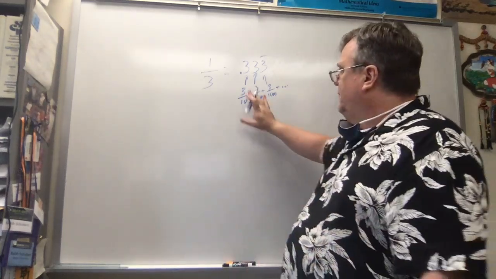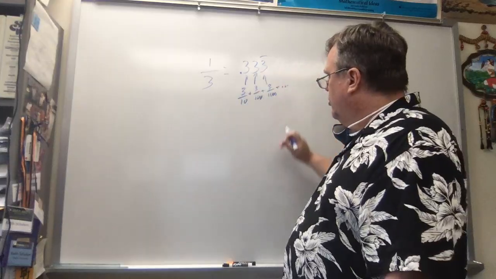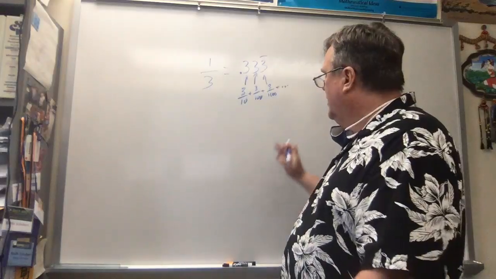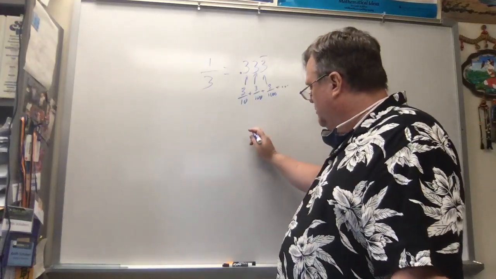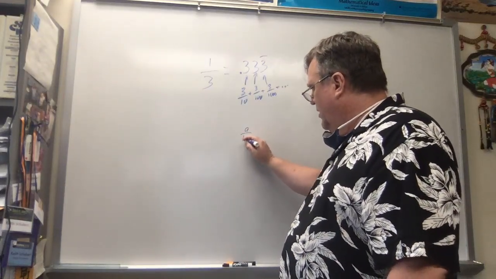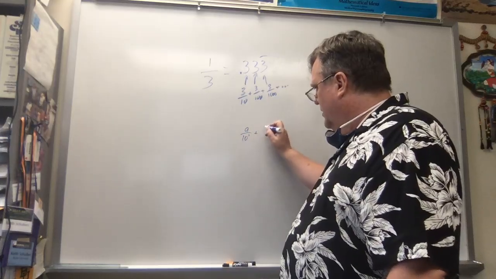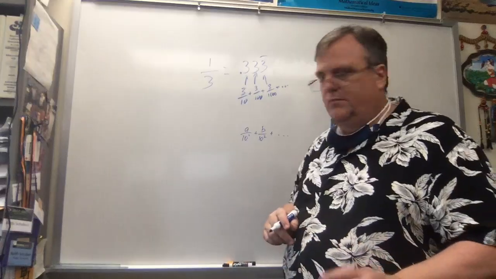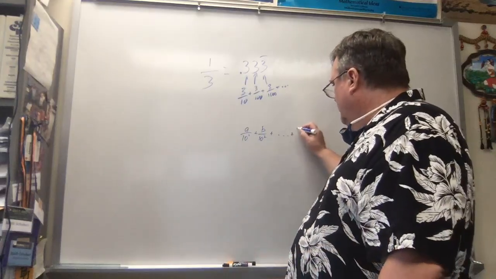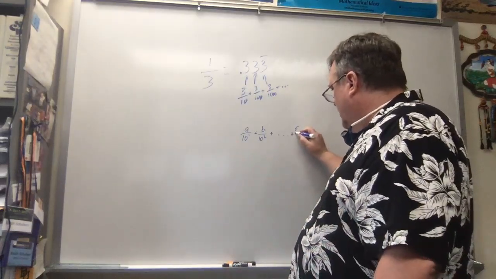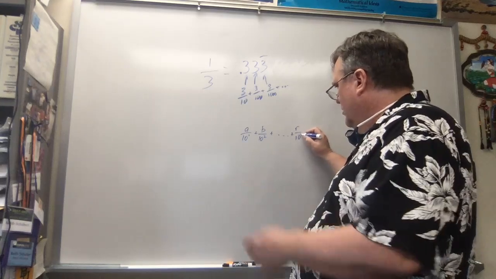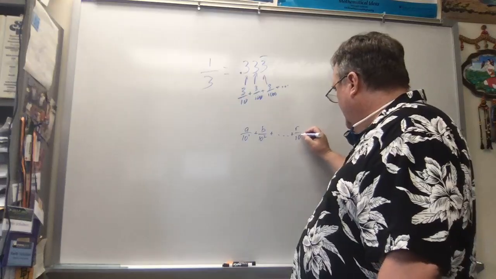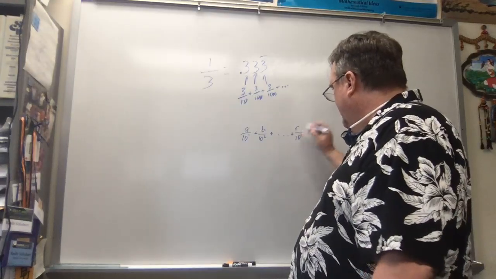Now, if this were to terminate, and obviously it doesn't, but if I had a number that did terminate, that means it would be able to be expressed as some number a over 10 to the first plus b over 10 to the second plus dot, dot, dot, out to however many digits I am, 10 to the j or whatever.